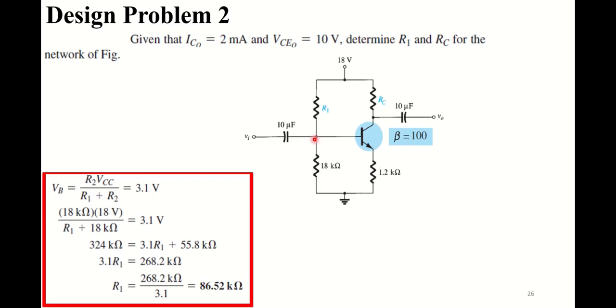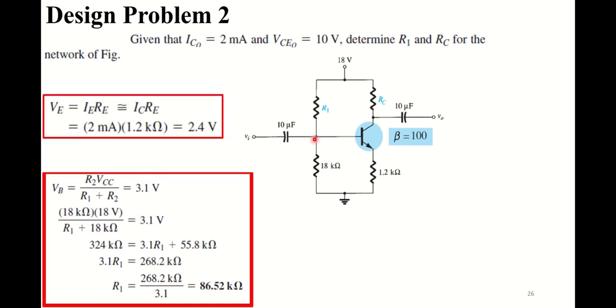By looking at the circuit diagram, it is evident that the formula to calculate the value of emitter voltage VE is equal to IE RE, which is approximately equal to IC RE. As both values of IC and RE are given to us, therefore we can calculate the value of VE to be equal to 2.4 volts.